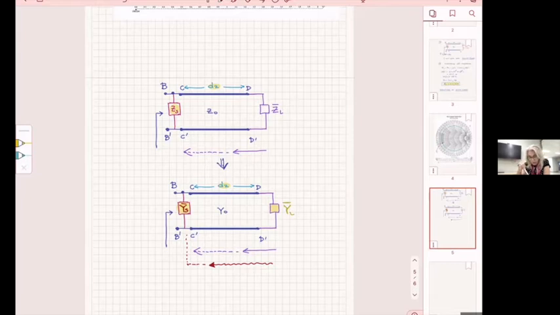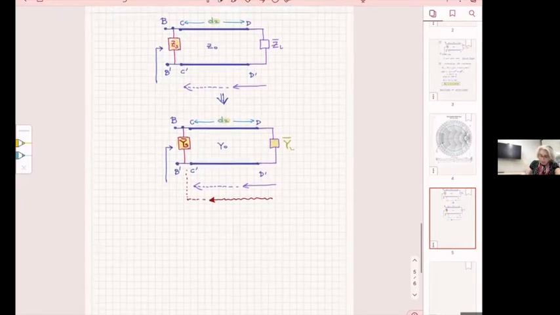But this load, which is an admittance, you remember what we said? It has to be reactive. We cannot add anything that has a resistive part in there. So YS has to be reactive only. All right, that is the reason. The reason is because we don't want to lose any power into resistors.